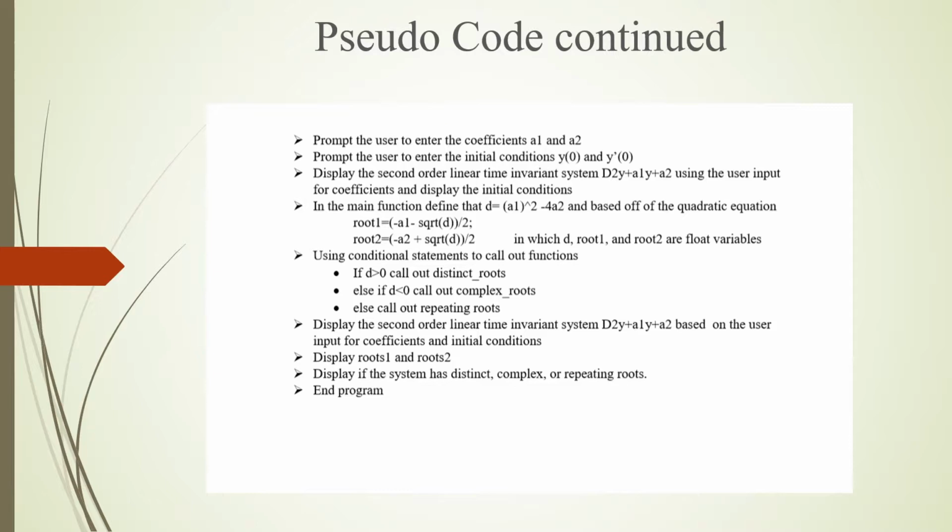Then I want to define in the main function that d equals a1 squared minus 4a2, or a squared minus 4ac if you're used to that in a quadratic formula, as well as define root 1 and root 2 based off of the quadratic formula.